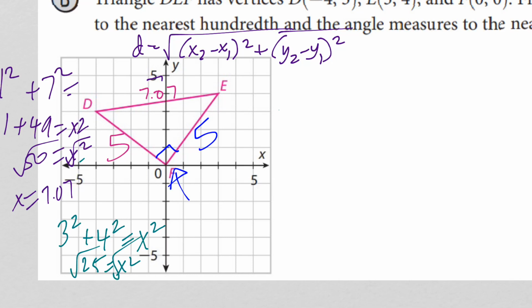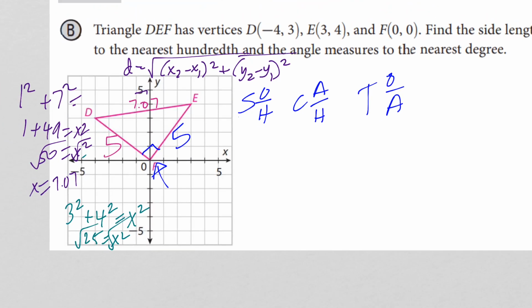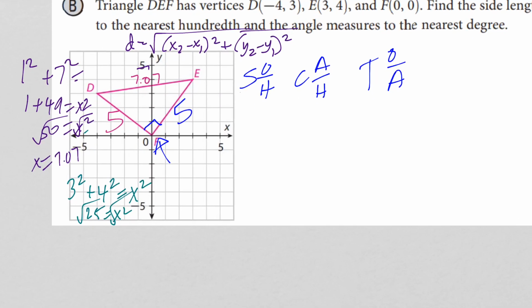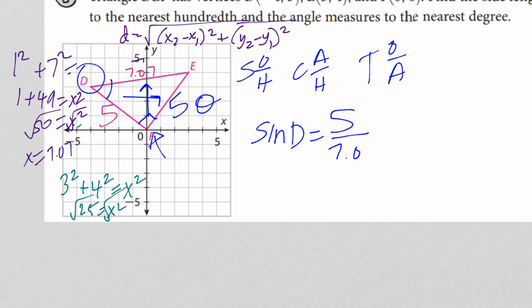Okay, so I have to figure out if I want to use SOH CAH TOA, as in sine, cosine, or tangent. This time I'm just going to pick sine, based on D. So sine of angle D is equal to O over H. My opposite value will be 5, and the hypotenuse will be 7.07.